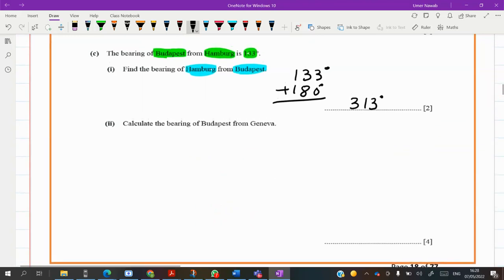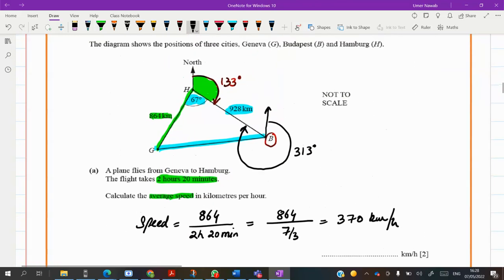Now, bearing of B from G. Okay, easy. 67. He is asking you B from G, he is asking you this angle. What do we need to do? We need to find this angle first as 328.